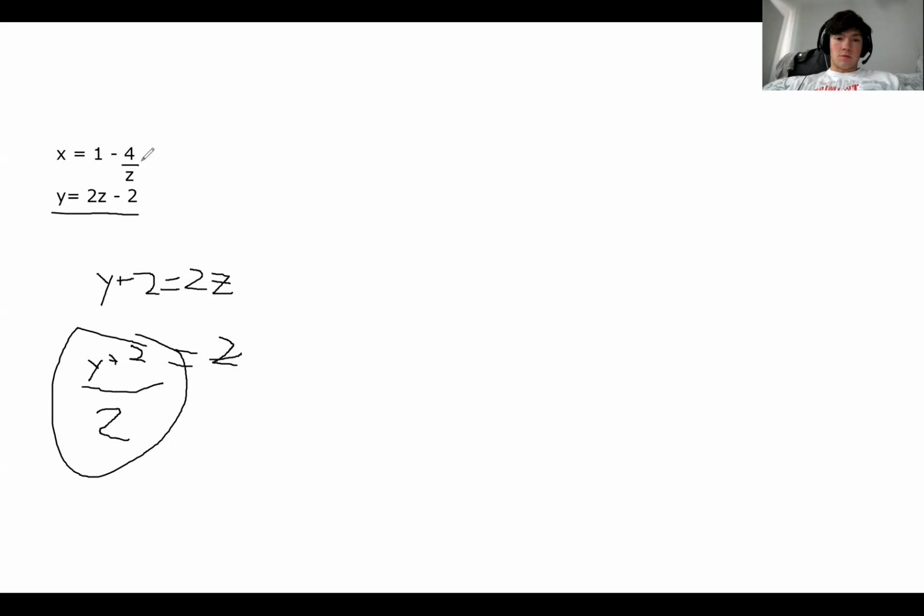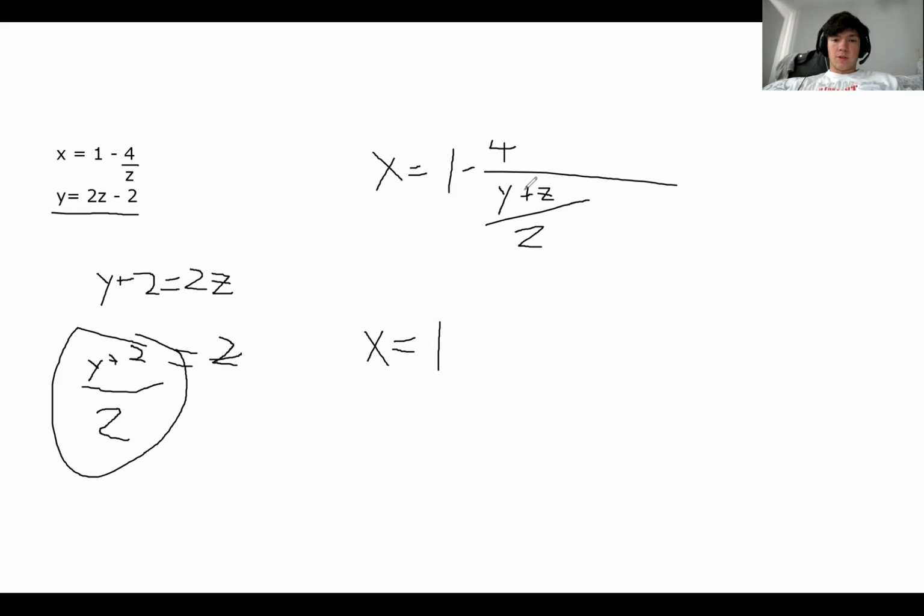So let's do that. We'll come over here, get x equals 1 minus 4 over y plus z all over 2. Okay, so from here, to divide fractions, we just flip the second and then multiply. So I'm going to take the reciprocal of this and just multiply it to 4.